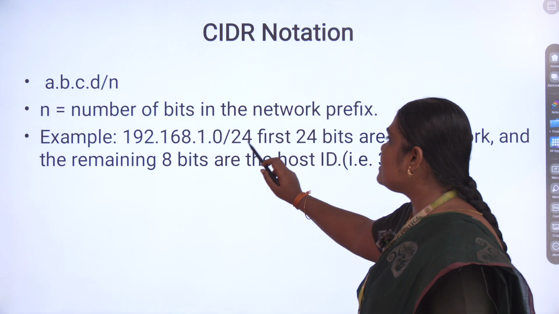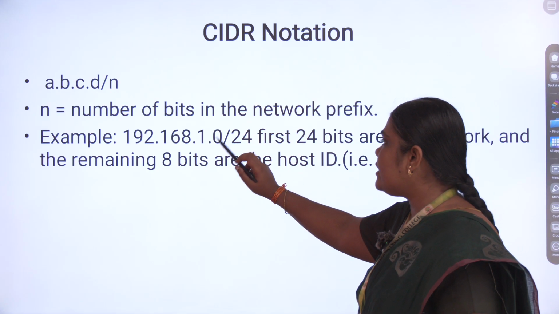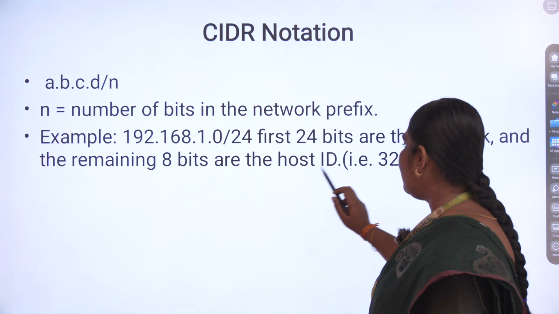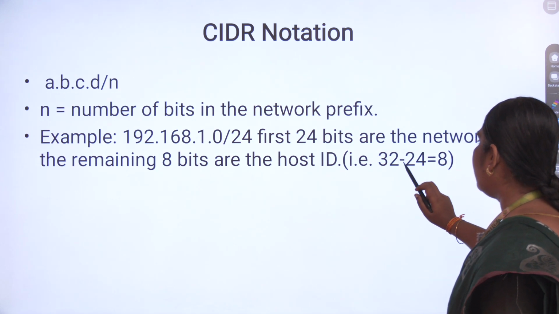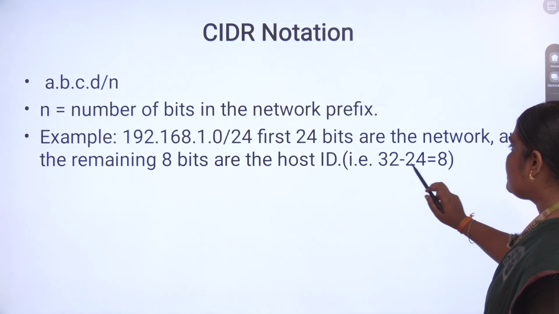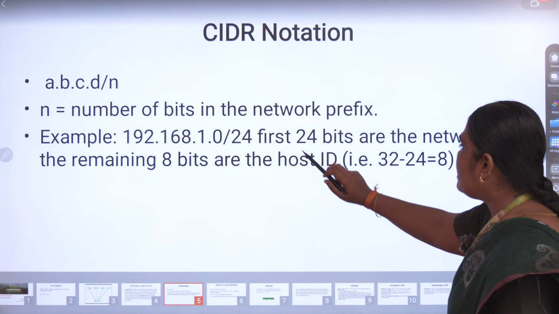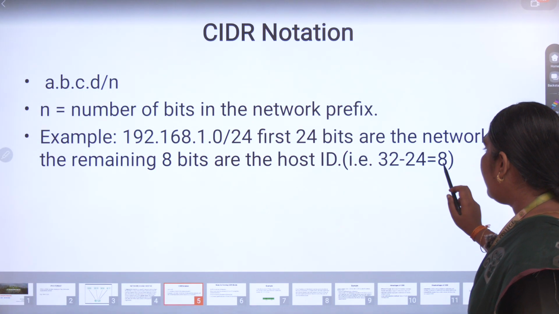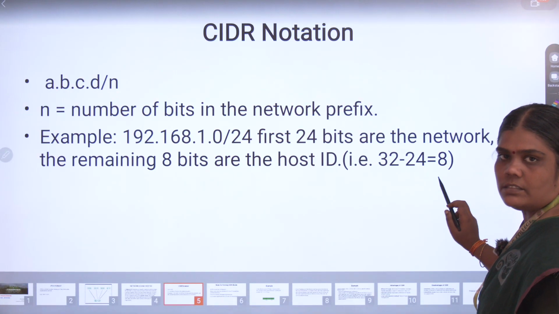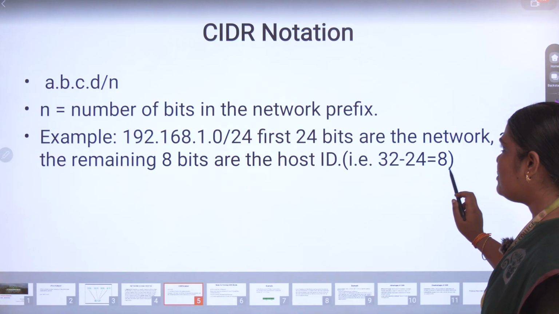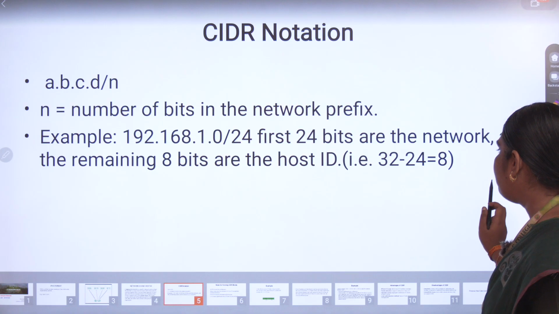If the network address is 24 bits, from the total 32-bit address we can subtract and get the host bits like this: 32 minus 24 is equal to 8. So in this network, there will be 8 host bits. That is what is mentioned by the CIDR notation here.